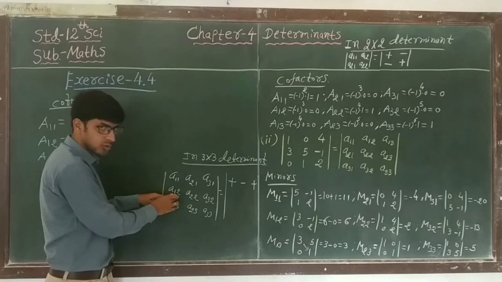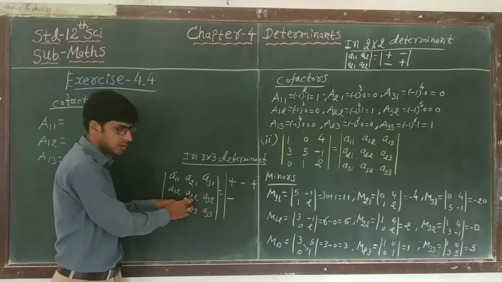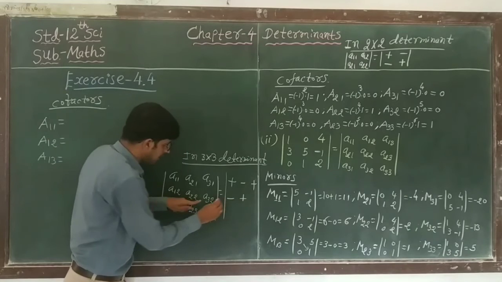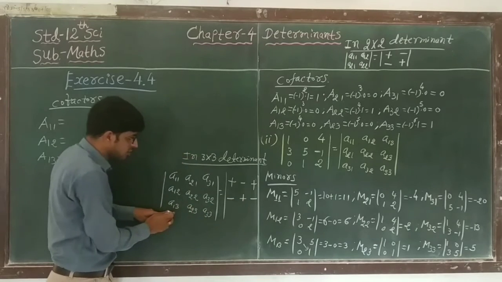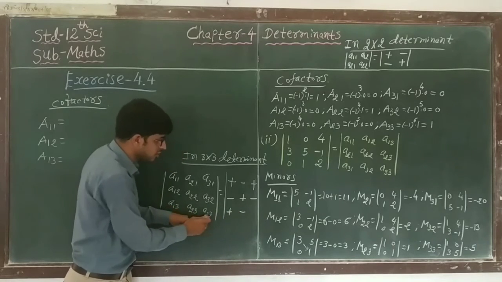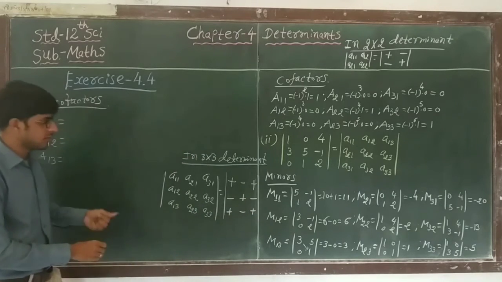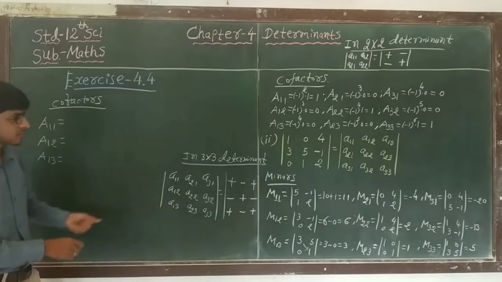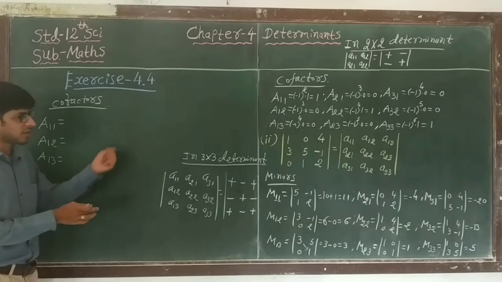A12: 1 plus 2 is 3, minus 1 raised to 4 plus; minus 1 raised to 5 minus; minus 1 raised to 4 plus; minus 1 raised to 5 minus; minus 1 raised to 6 plus. So we have to remember this sign for finding cofactors of 3 by 3 determinants.